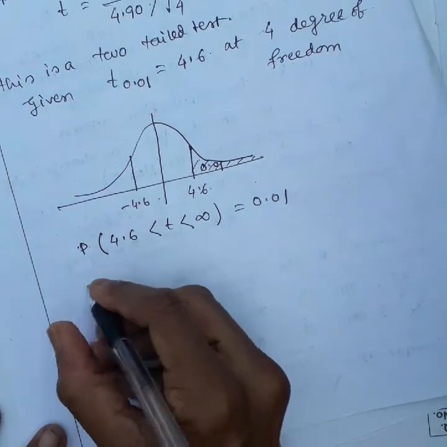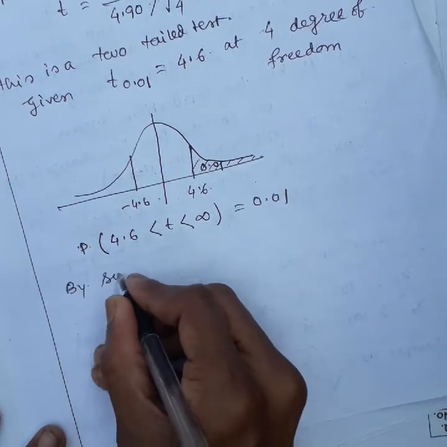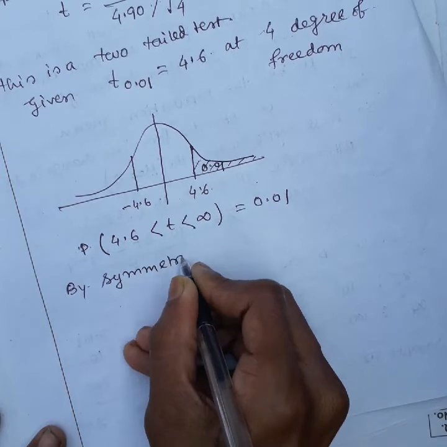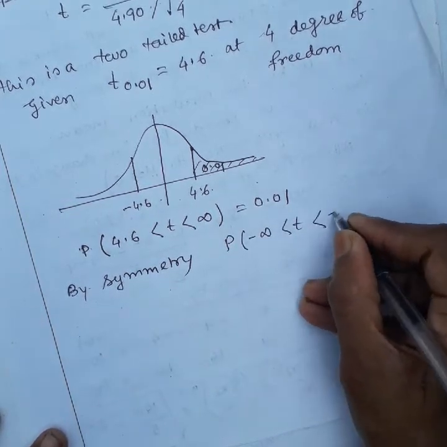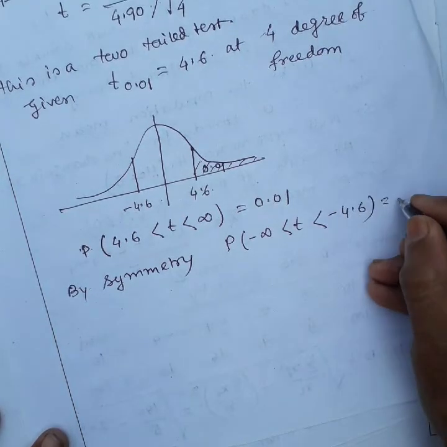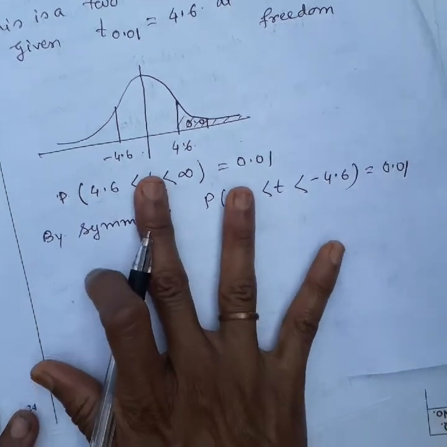Okay, and by symmetry the probability of minus infinity less than t less than minus 4.6 is also 0.01.